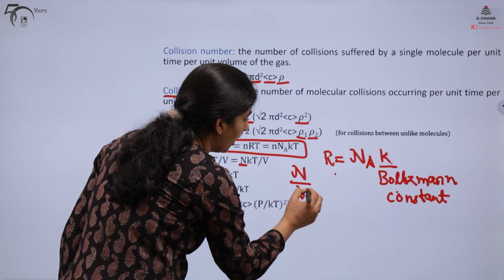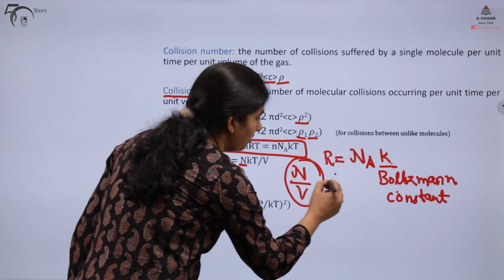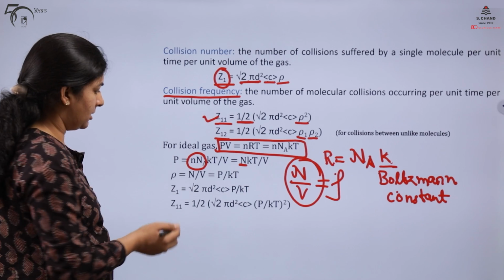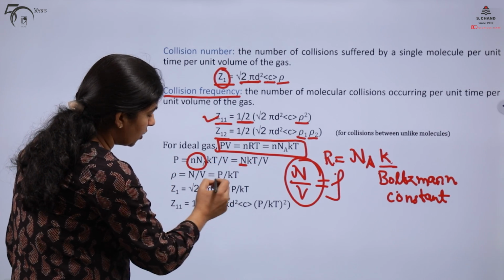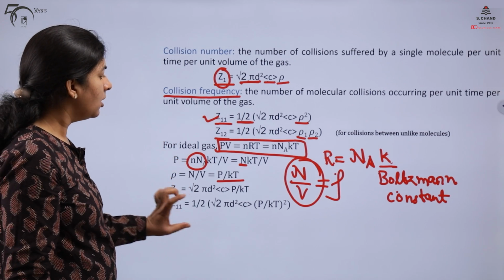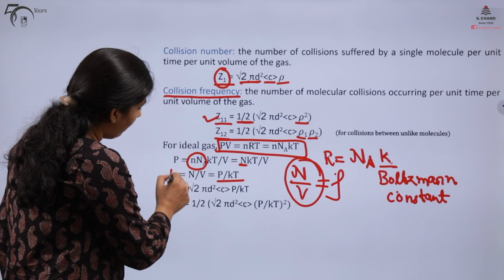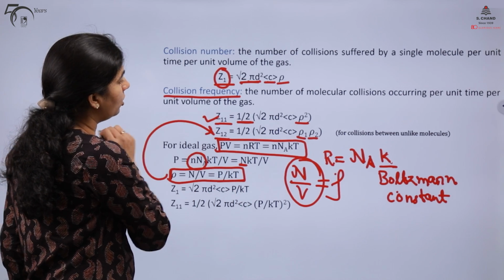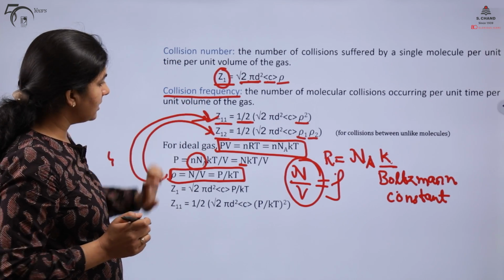It is the total number of molecules per unit volume, which can be called number density. So, from this expression we get rho equals P by kT, pressure upon the Boltzmann constant into temperature.